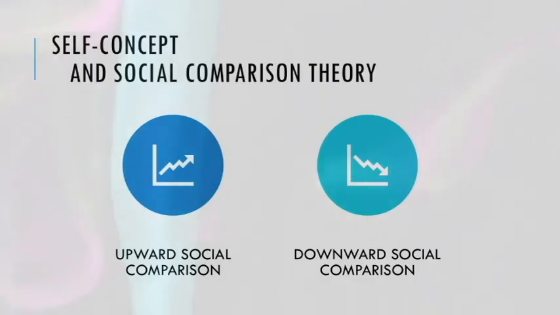And importantly, self-concept is not fixed. It evolves over time. It's influenced by personal experiences and interactions with others. So self-concept answers that question, who am I? And I'm reminded of a poem by Dietrich Bonhoeffer, who was in prison awaiting his hanging for trying to assassinate Adolf Hitler, and he wrote a poem called Who Am I?